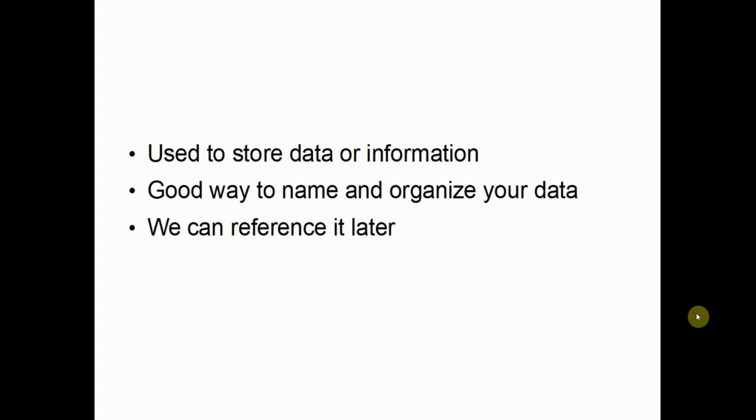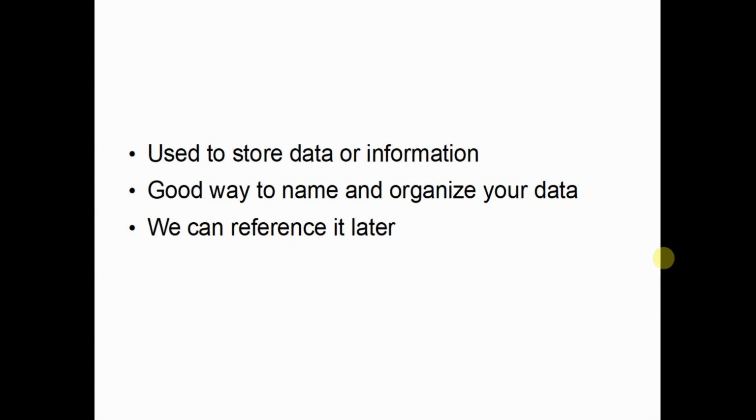All right, so what is a variable? Well, a variable is used to store data or information, and it's a good way to name and organize your data, to structure your data. And we can reference the data later. So for example, if you have a variable, you can reference that variable later in a function.